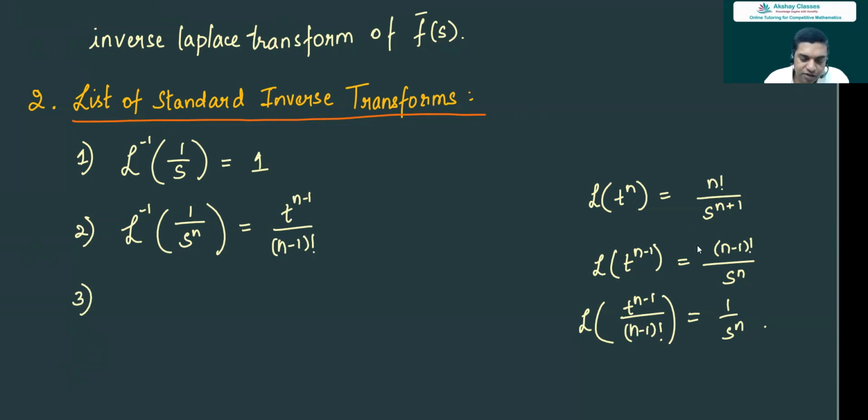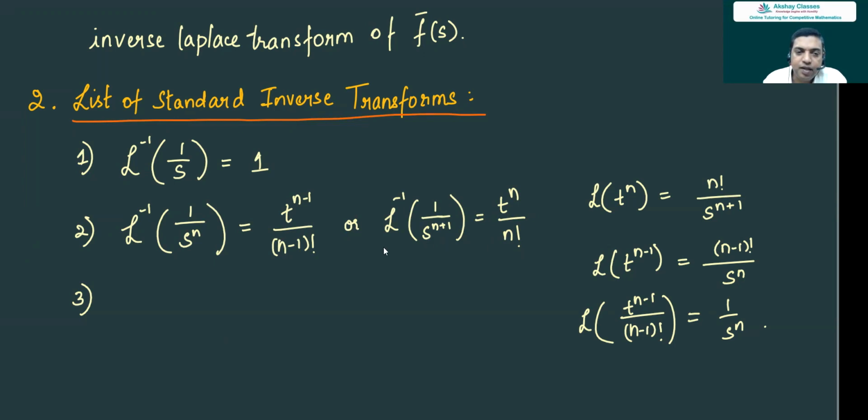Another way to write this is Laplace inverse of 1 by s power n plus 1 will be t power n by n factorial.